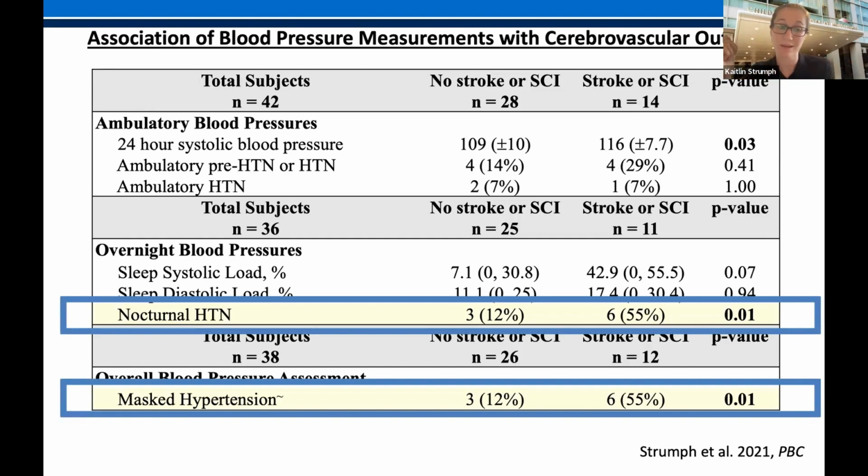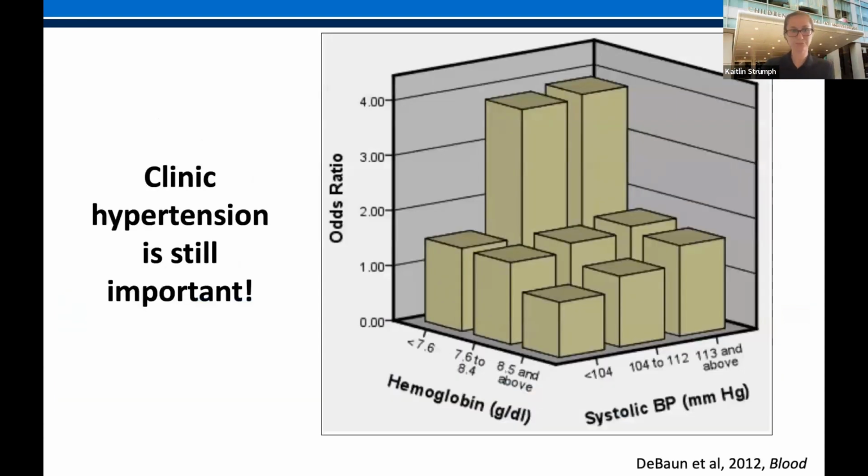And the same thing for masked hypertension. So again, these are patients that did not have abnormal blood pressures in clinic, but they did have hypertension on the 24-hour blood pressure monitoring. And those patients, again, had a higher odds of a stroke or silent infarct.